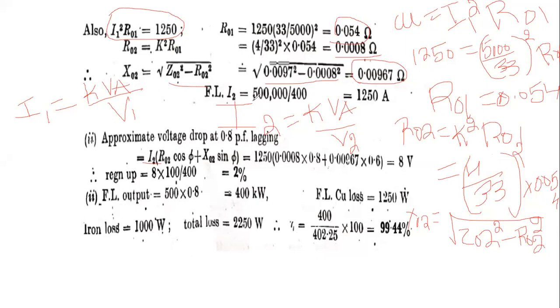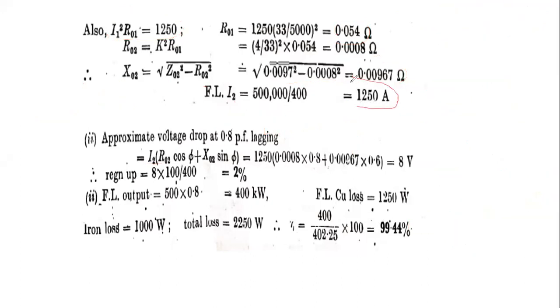We substitute the values. What is the I2 value? Therefore I2 is equal to 1250. Now, what is the formula for the approximate voltage drop?